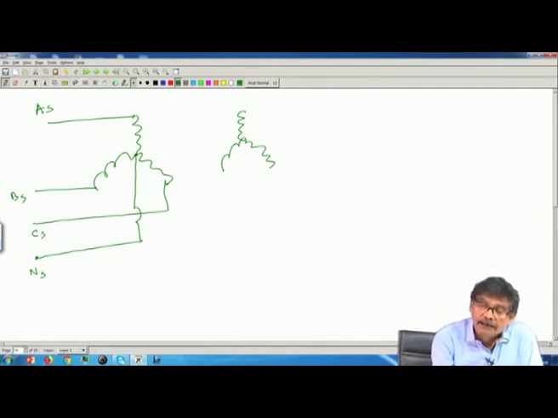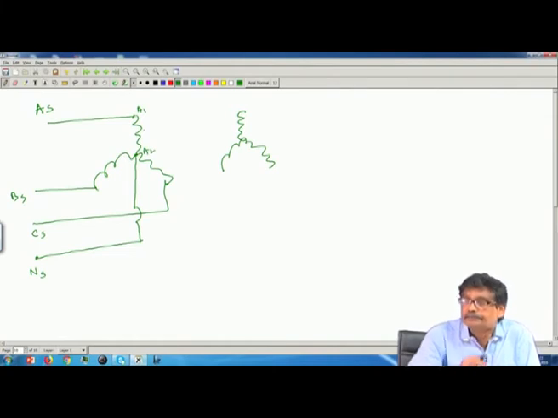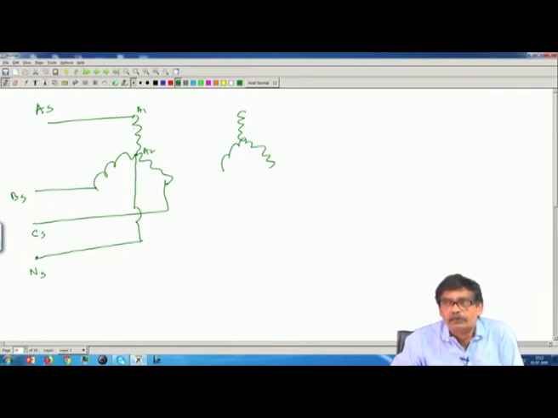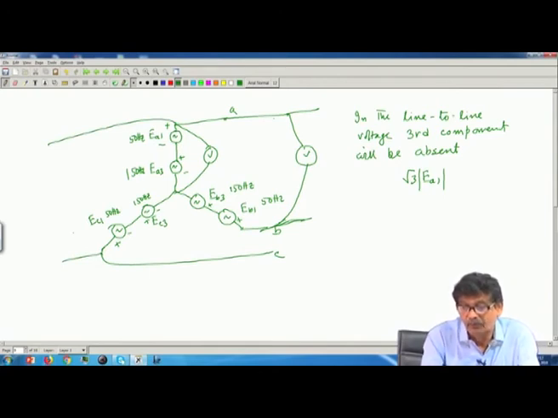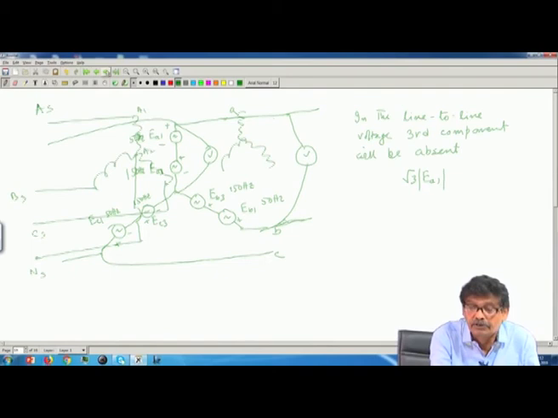Therefore, I have applied across A1 and A2 a sinusoidal voltage. Earlier, how much voltage did I apply here? I cannot say the voltage across the terminal of the coil is V A by root 3, where neutral was not connected. Let me draw on the same page.